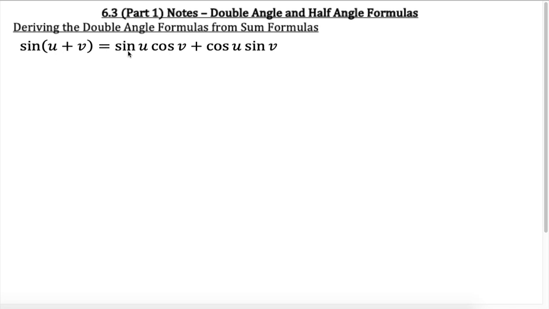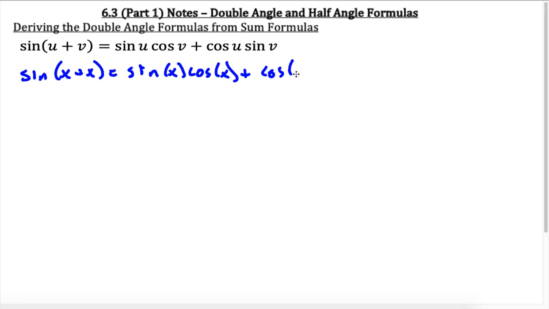So for this, what I want to assume is that u and v are the same angle. So what I'm going to do is just make both of them x. So this will be sine of x cosine of x plus cosine of x sine of x. Inside of the parentheses, x plus x is just 2x, right?